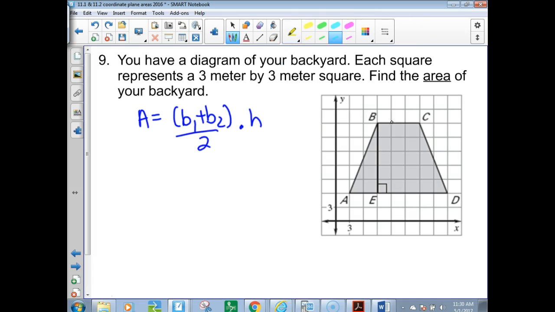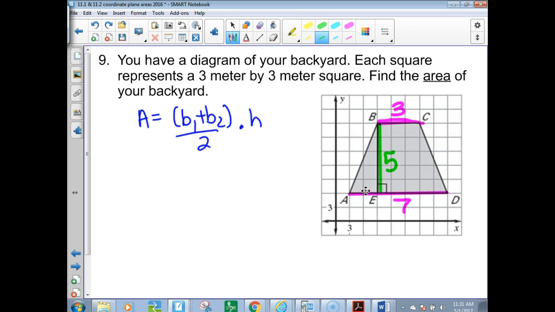Let's figure out the base, but we're going to convert it. This is 3 units on our diagram. And this base is 1, 2, 3, 4, 5, 6, 7 units on our diagram. And the height is 1, 2, 3, 4, 5 units on our diagram.